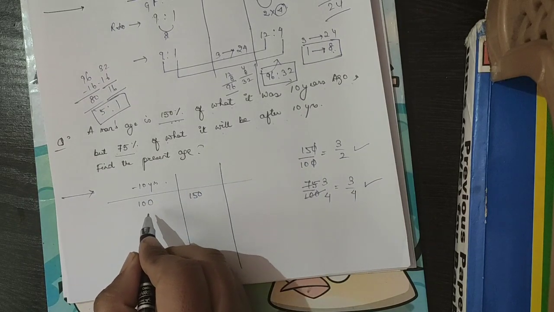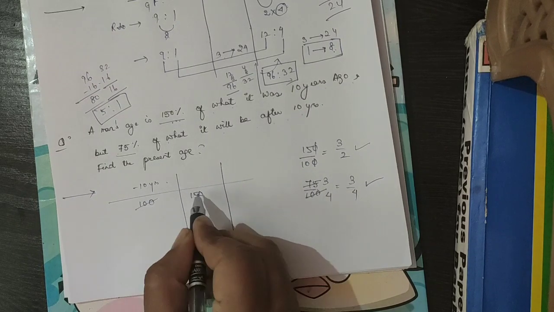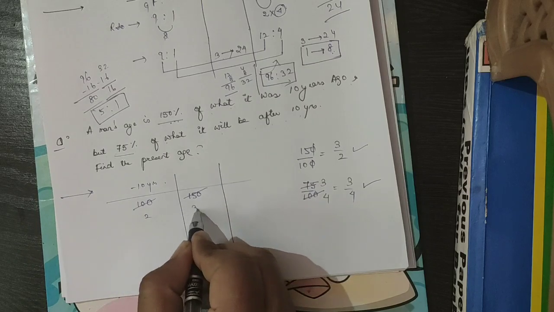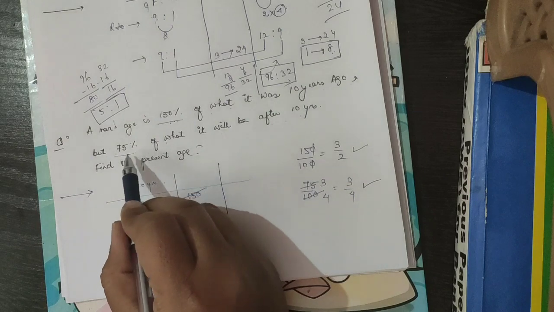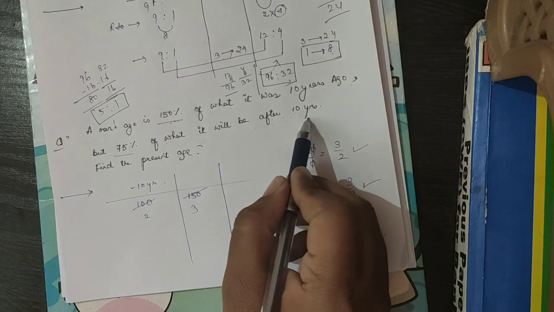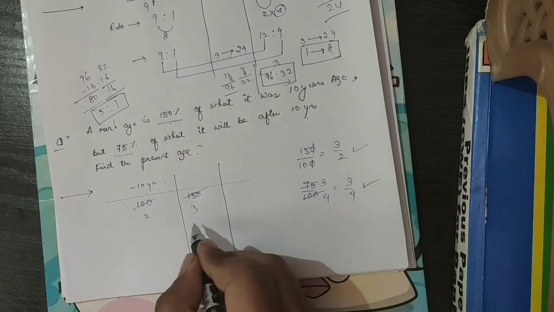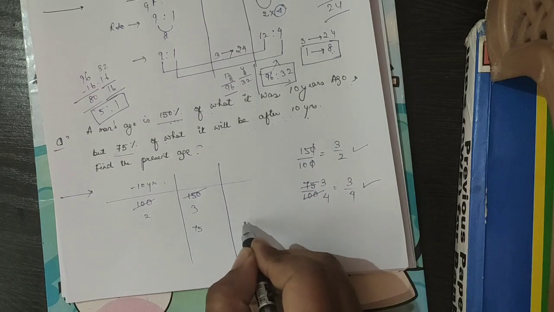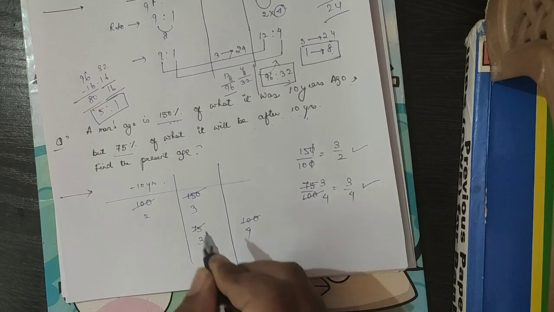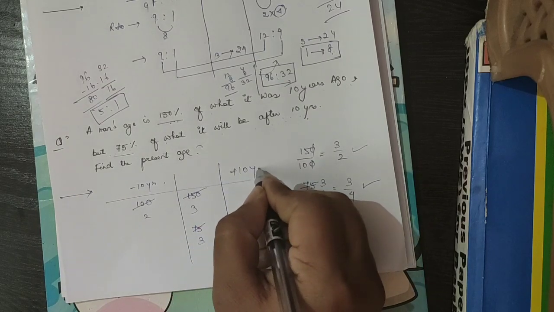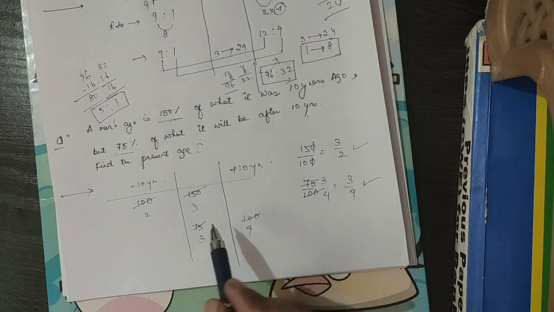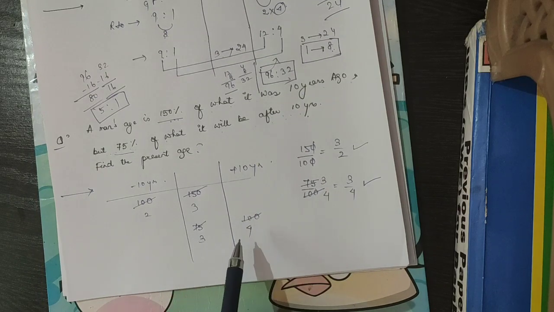In ratio form, 3/2, okay, but 75% of what it will be after 10 years. 75% is what? 75 by 100 is 3/4, 10 years. So this is it, 3, 4.